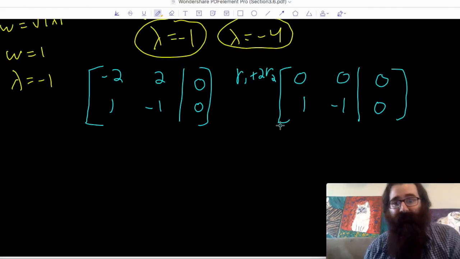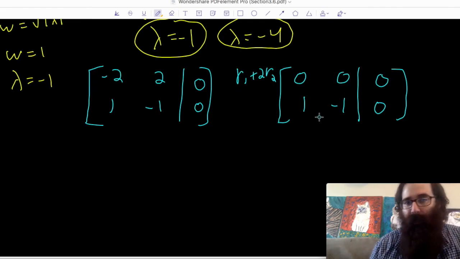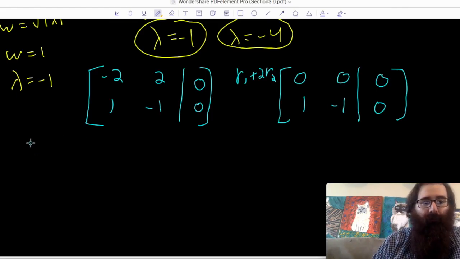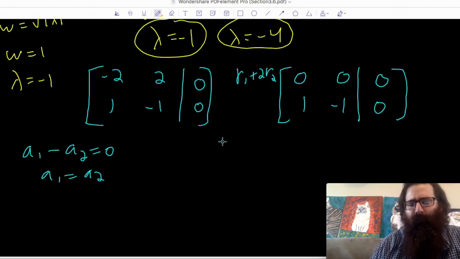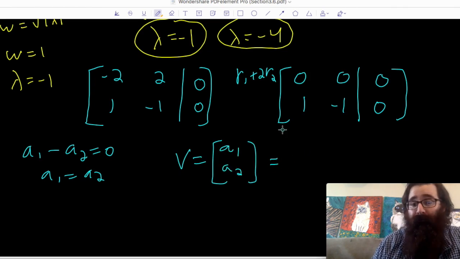Think about this as an equation, though. What does this row represent as an equation? If you really love linear algebra, you know that I shouldn't leave this down here, but I'm letting my hair down today. This row 2 says A1 minus A2 equals 0, or that A1 is equal to A2, which if we work with eigenvectors a bit now, maybe we can already build that eigenvector. It's some vector of the form A1, A2, but A1 and A2 are equal, should be a non-trivial vector.